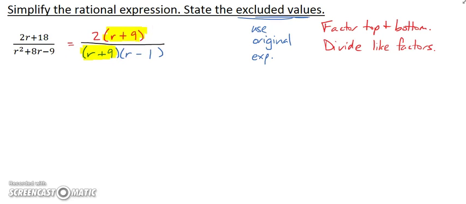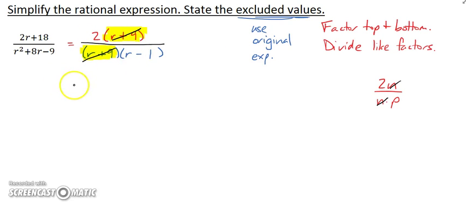So just like in an expression, this isn't part of the problem, but look over here to the right side. If you had 2n over n times p, something like that, you could divide out the n's completely. So anytime you've got a factor that's common to the numerator and the denominator, you can divide them out.